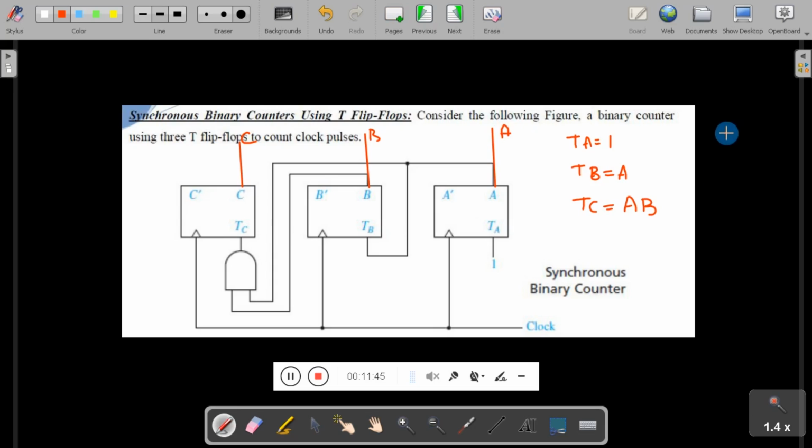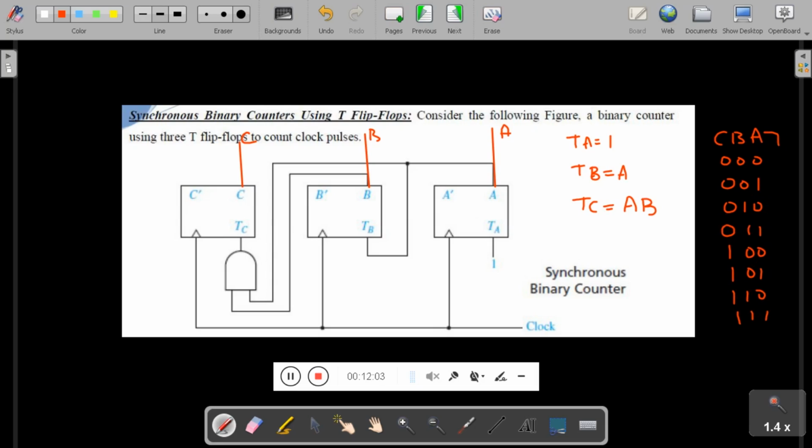So truth table is CBA. It starts from 0 0 0 and it continues to 0 0 1, 0 1 0, 0 1 1, 1 0 0, 1 0 1, 1 1 0 and 1 1 1.